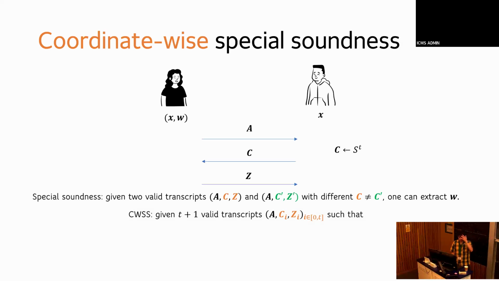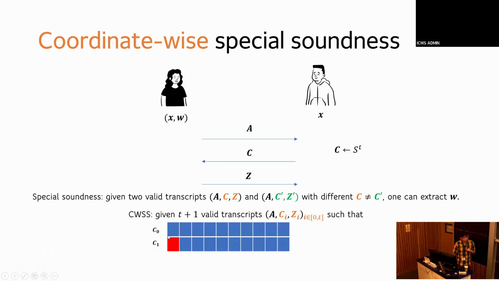So if C is some vector of T coordinates, the coordinate-wise special soundness says that if I'm given T plus 1 valid transcripts with the same first message, but different C_i's, and then different Z_i's possibly, which have the following form. So C0 is the challenge from the first transcript, and I have T coordinates here. And then C1 differs from C0 exactly in the first coordinate.